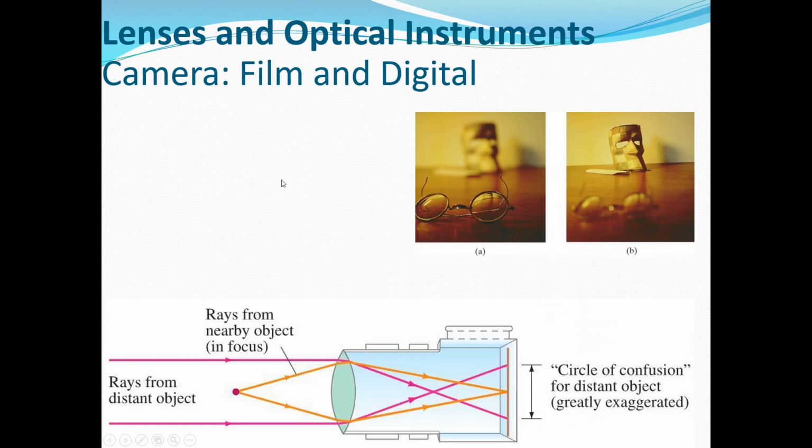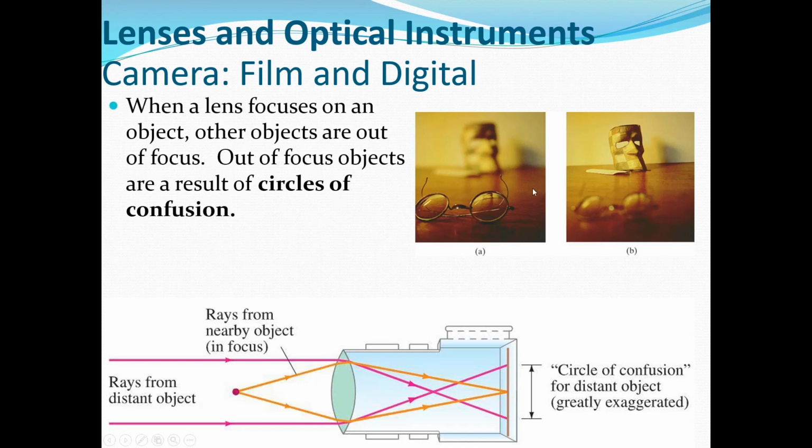Now, I did want to point out this a little bit. If you've ever seen one of these blurry images where you have one image that's very clear and one image that's blurry, a lot of ways they do this is by setting the focal length.